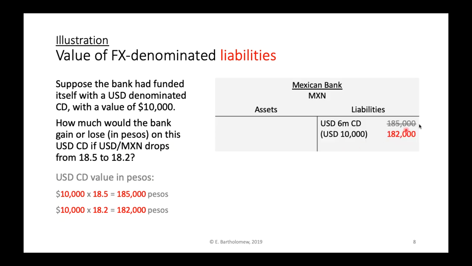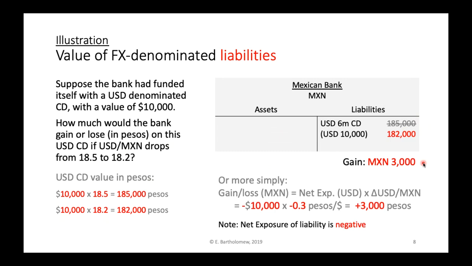But now we're looking at a liability. So the liability has gone from 185,000 pesos to 182,000 pesos. But in this case, it's a gain. Why? Well, because the liability is what the bank owes, and instead of owing something worth 185,000, they owe something worth 182,000. So that's 3,000 to their benefit.